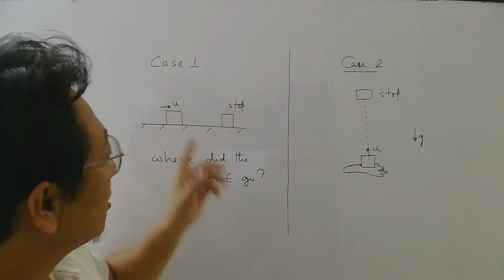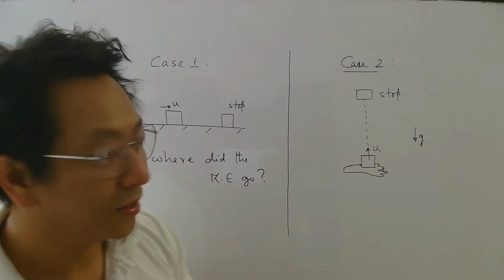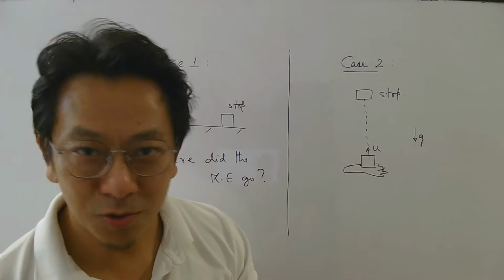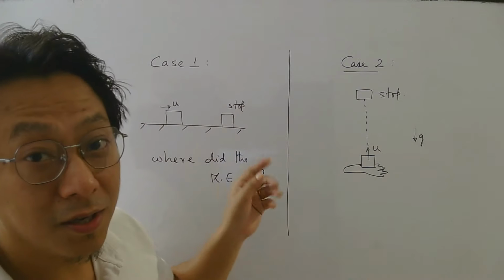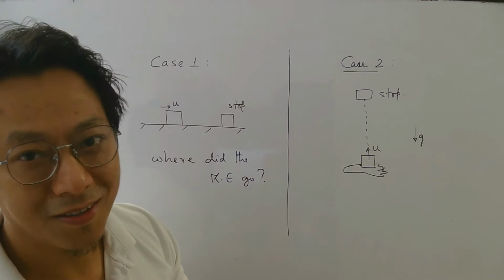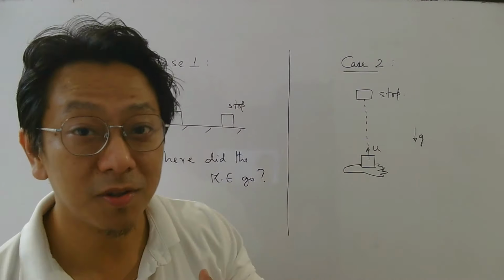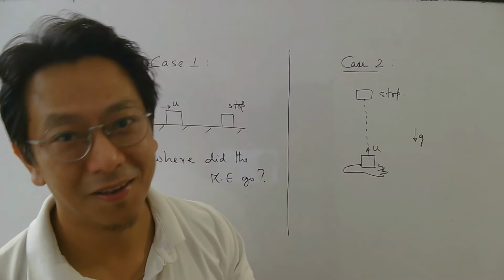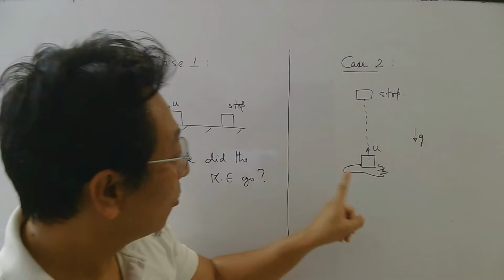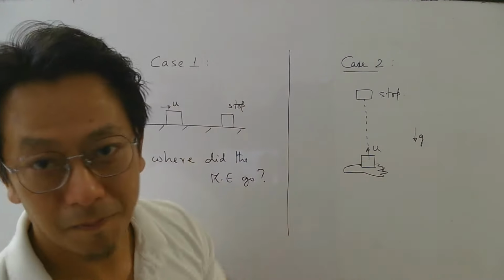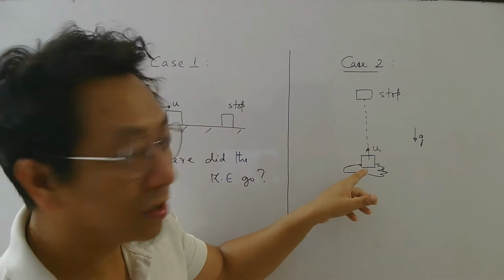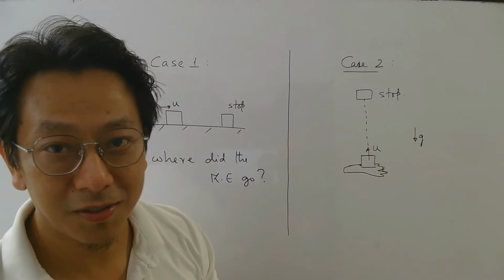Well, what is the difference between these two cases? In both the cases, it came to a stop, but here it stops permanently, right? Whereas here it stops only momentarily. That means here, when the block is going up, the force acting on the block is gravitational force, right?